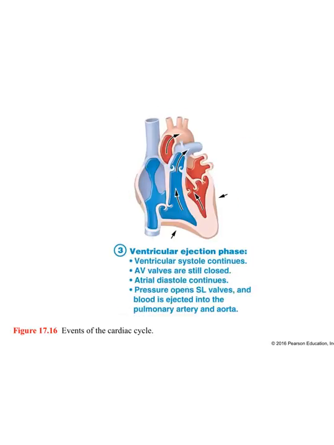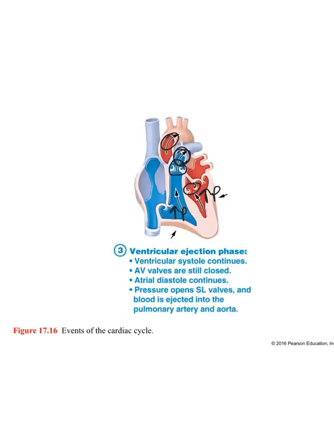Okay, the third part, ventricular ejection. So the ventricles are still contracting, however, this time the pressure is greater in my ventricles than it is in the aorta or the pulmonary trunk. And that's what forces these semilunar valves open.